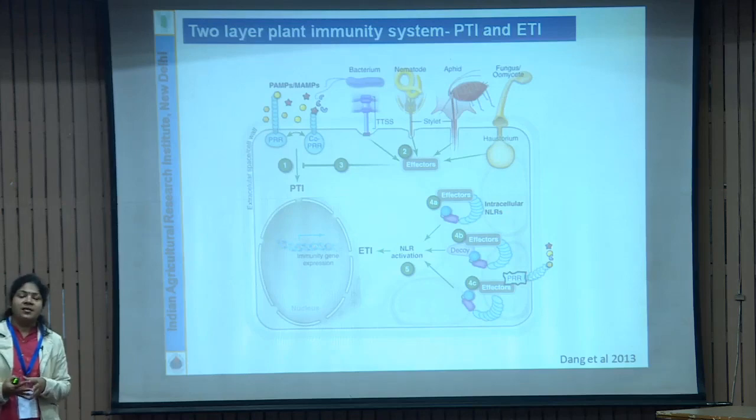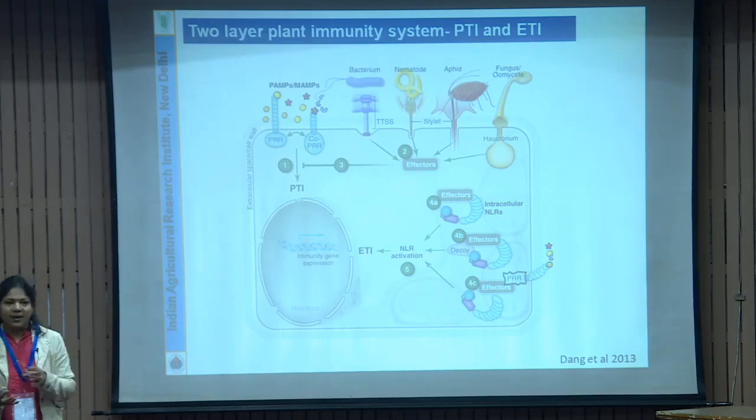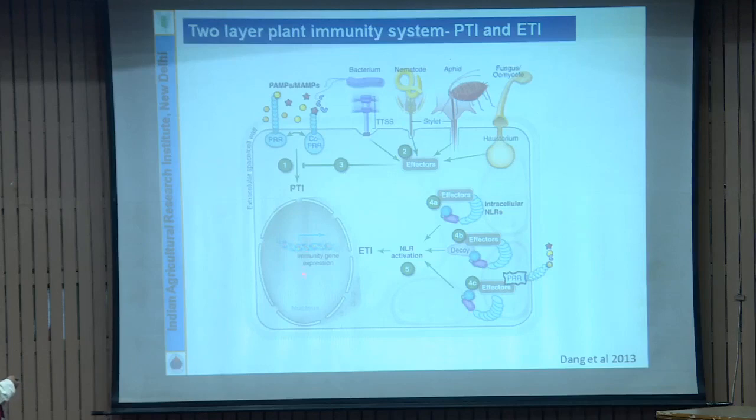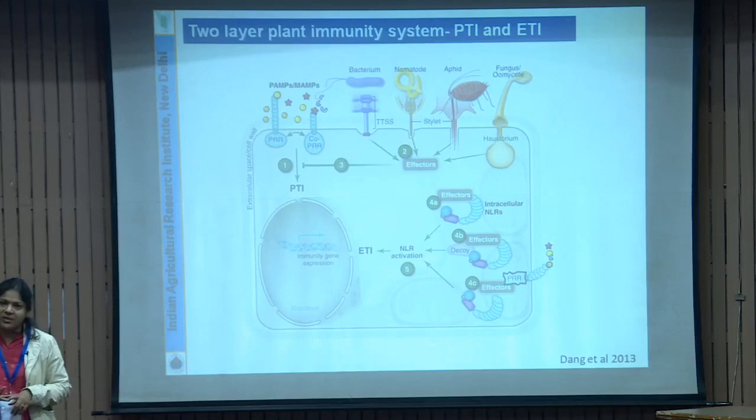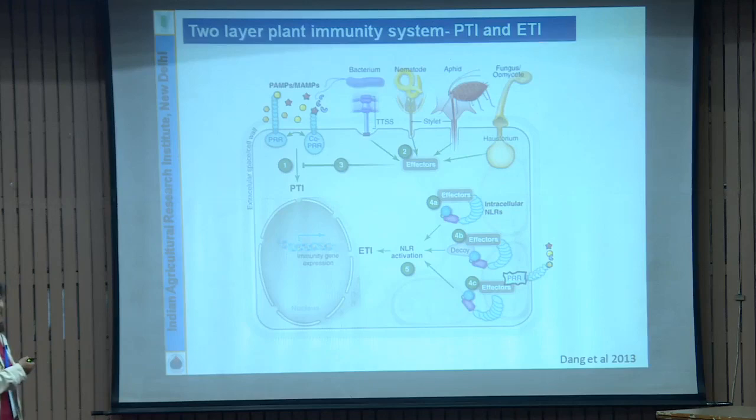As a result, these NBS LRR proteins start killing the cell, which is known as a hypersensitive response, in which localized cell death in that region happens, and it starts transmitting the signal to the nucleus, so that other downstream genes involved in defense, like respiratory burst oxidases, peroxidases, oxidoreductases, other defense responsive genes, disease responsive genes, all get activated, so that now the plant is ready to respond to the infection by the pathogen. So, this is the second layer of immunity, ETI.